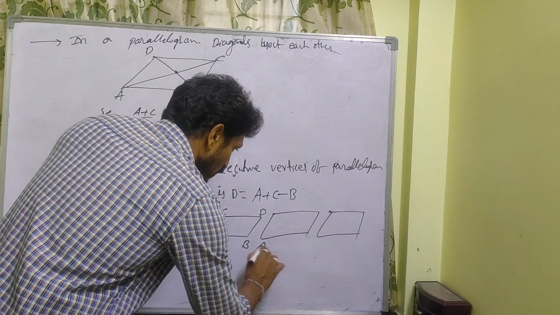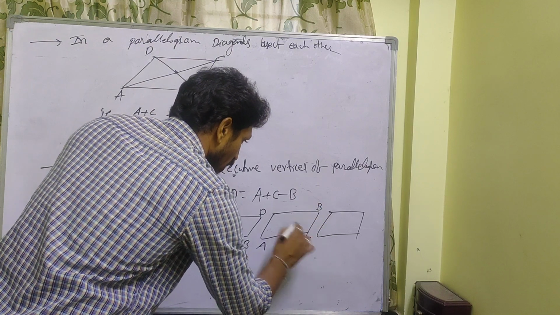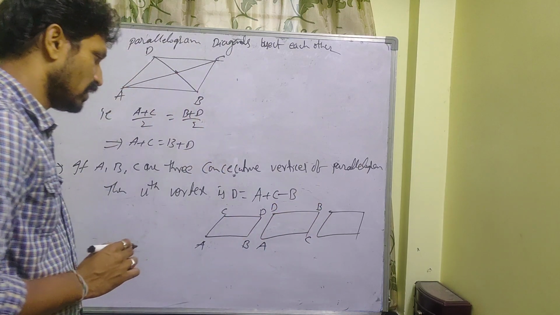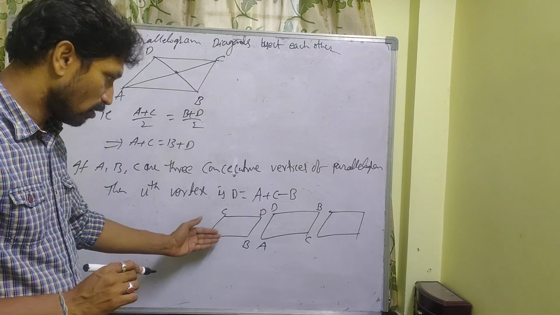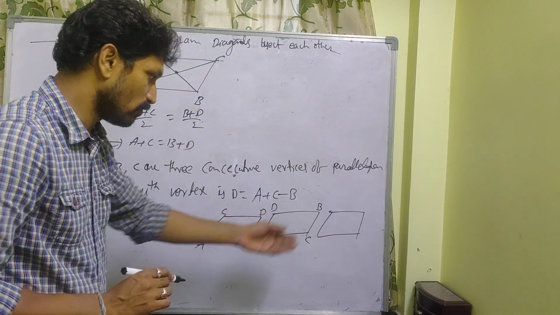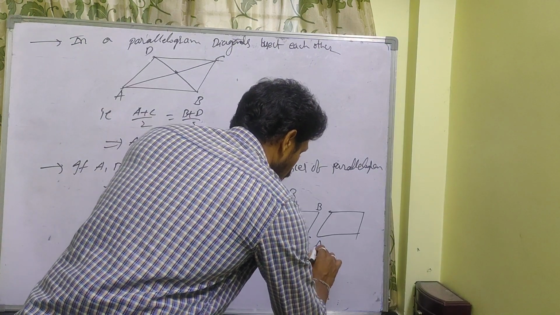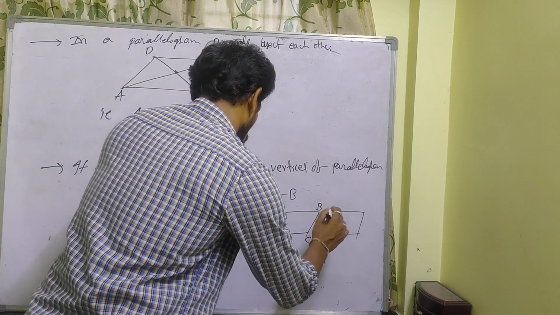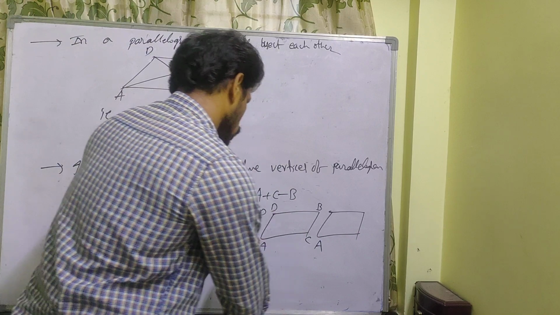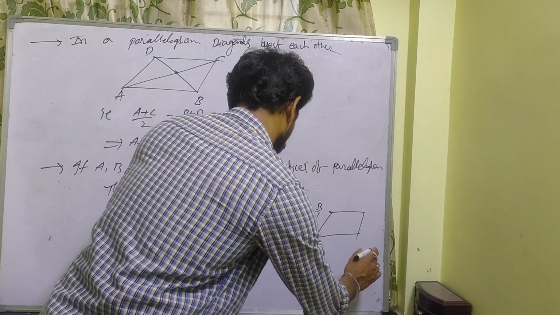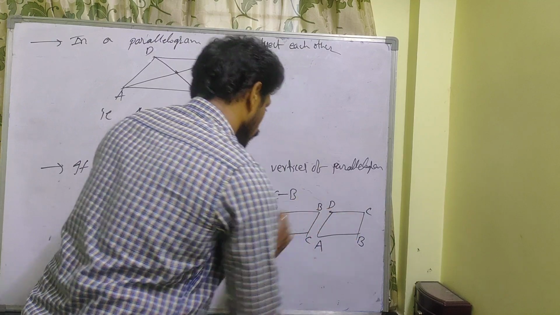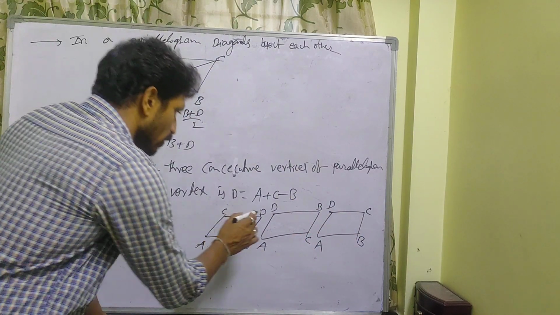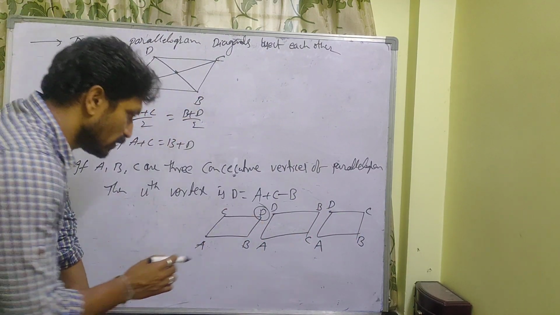If A is here, B is here, C is here, this is D, the fourth vertex. Here ABC are not consecutive, so like that you can take. Next one. A is here, B is here, C is here. This is D. So to find the fourth vertex, what are the possibilities?